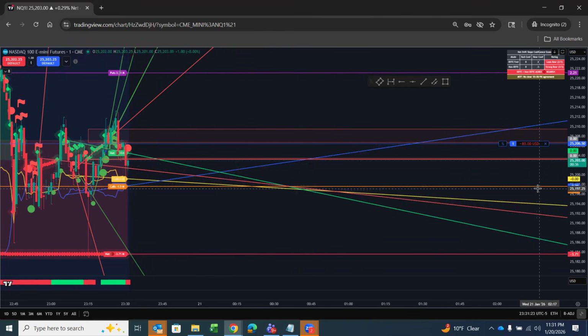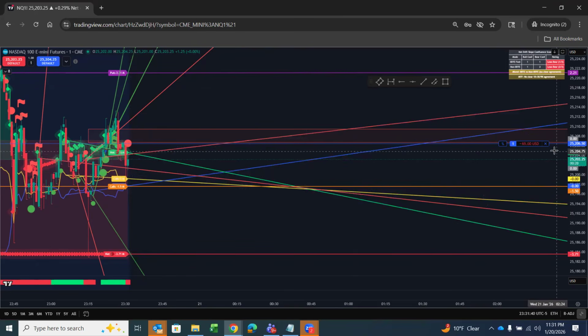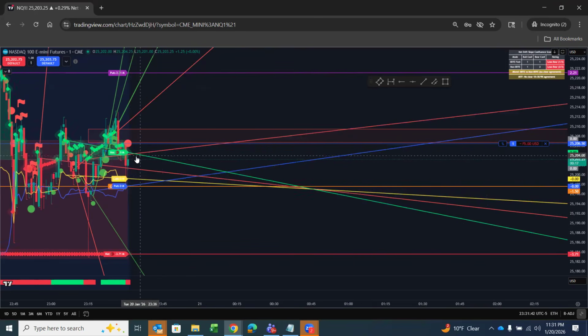You can put your stops here at 25,197.50 if you want to be super safe. But bearish gamma is right above it, so you might want to give yourself a little room. But it looks like this might be an opportunity for us to potentially exit this trade, because it might be going down if gamma is acting as a repellent instead of attracting price upwards.